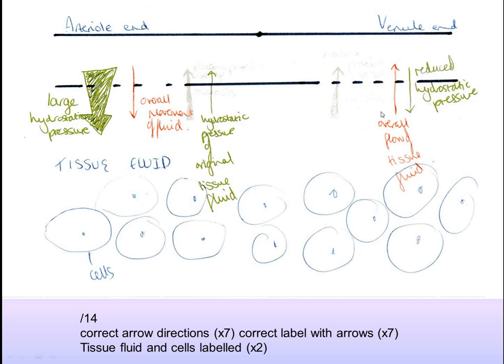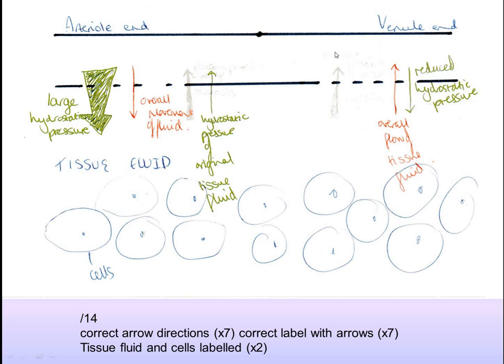At the venule end, the hydrostatic pressure has largely reduced because a lot of the liquid has been forced out at the arterial end, so you haven't got much liquid in this end. However, because there's hardly any liquid but a lot of proteins in the capillaries, there is a large osmotic pressure which is pulling the water back in, because you've got a lower water potential here.